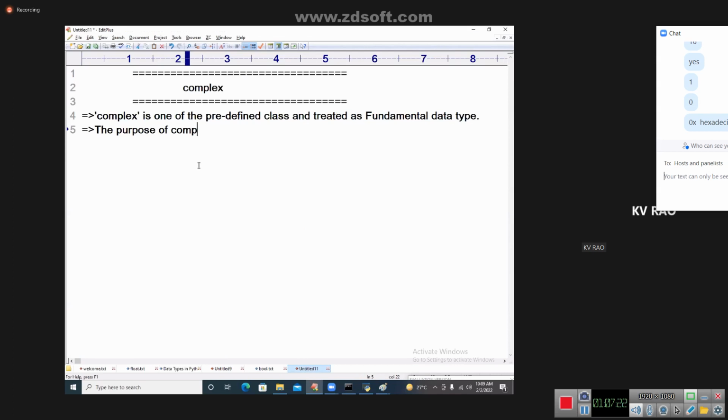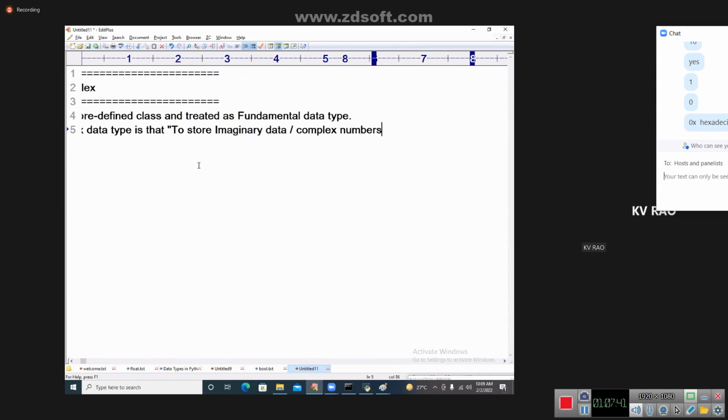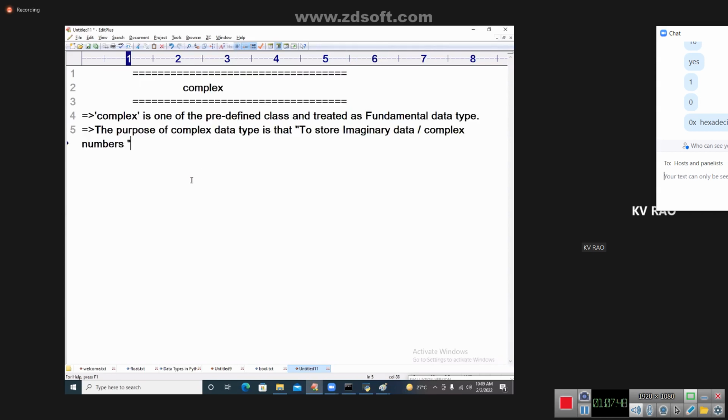The purpose of complex data type is to store imaginary data, that is nothing but complex numbers, where we have studied that in our childhood days, in our simultaneous equations, in our algebraic equations.